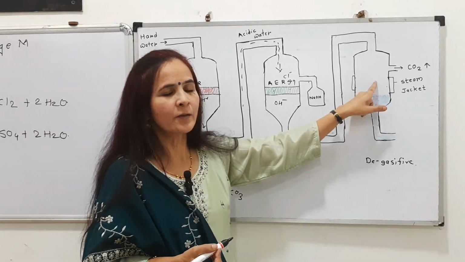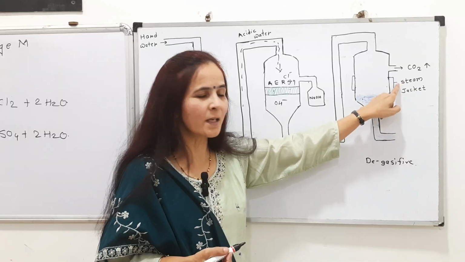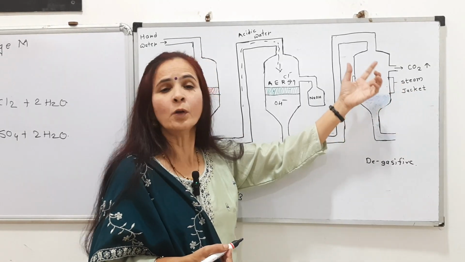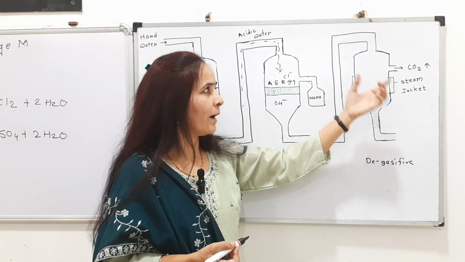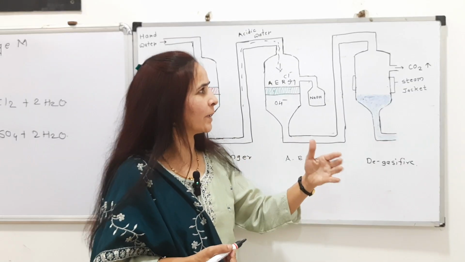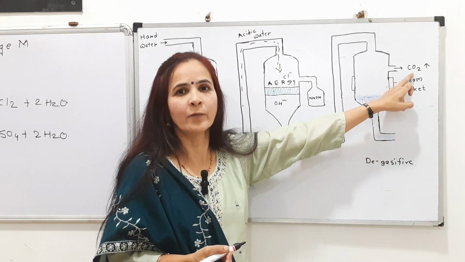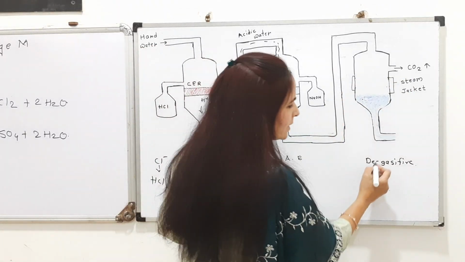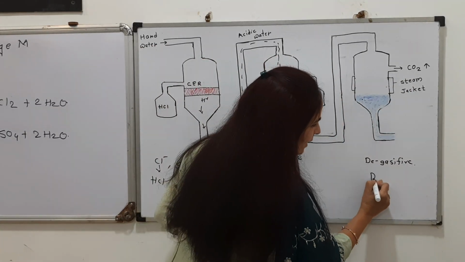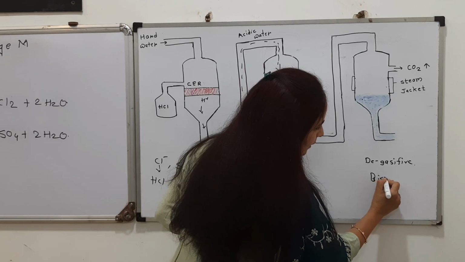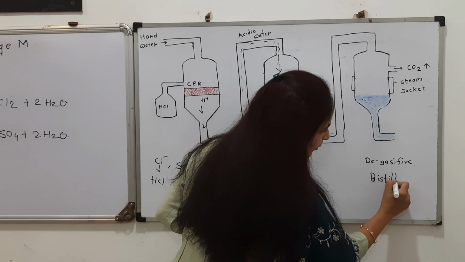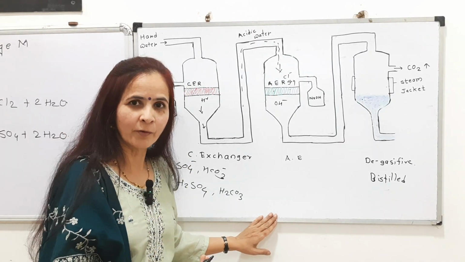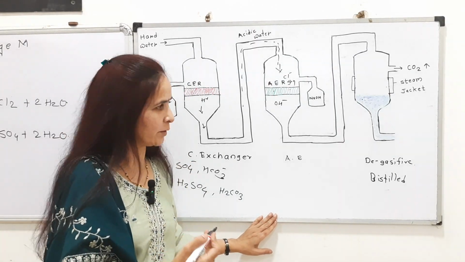The degasifier is connected to a steam jacket, from where we provide the temperature. At low pressure and high temperature, the carbon dioxide is given out. The water released is cation free, anion free as well as gas free.